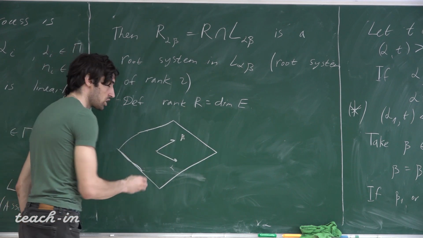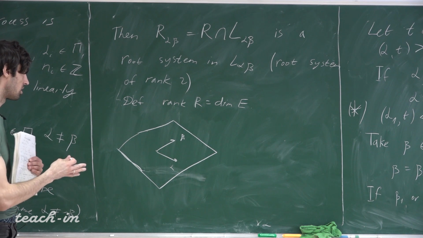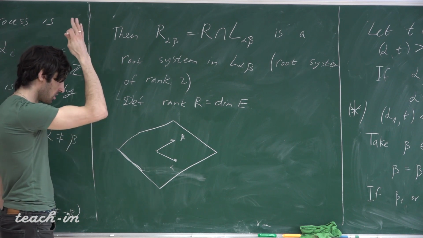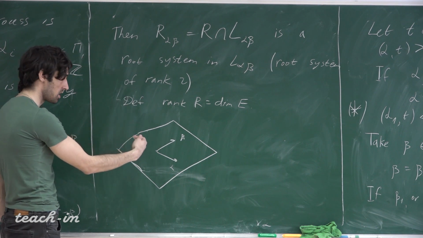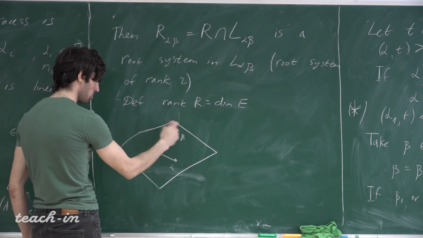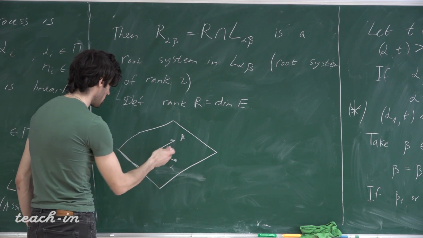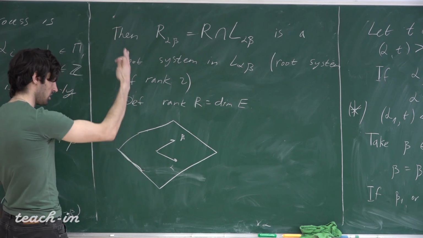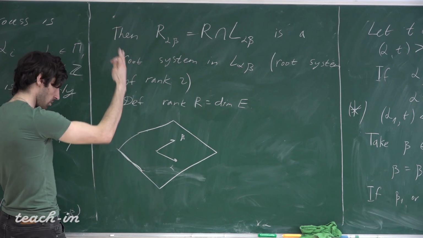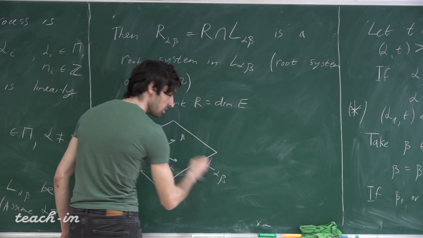Reflections in a big space, I need to take a hyperplane which is orthogonal to roots which belong to this plane, right? Therefore, it will be a reflection in some hyperplane which is orthogonal to L alpha beta.